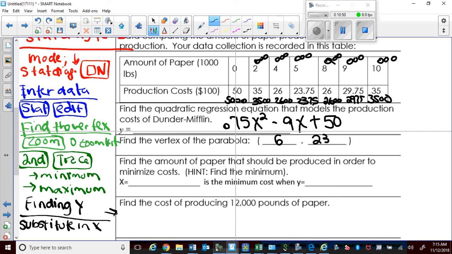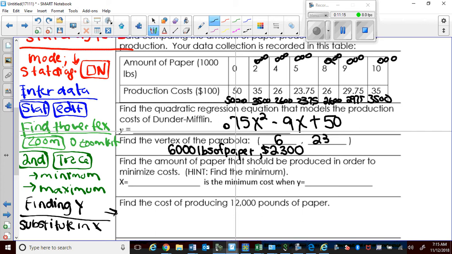So the minimum cost, looks like the best place to be would be when there's 6,000 pounds of paper and you're paying a minimum cost of $2,300. Okay, that's the best price you could have.